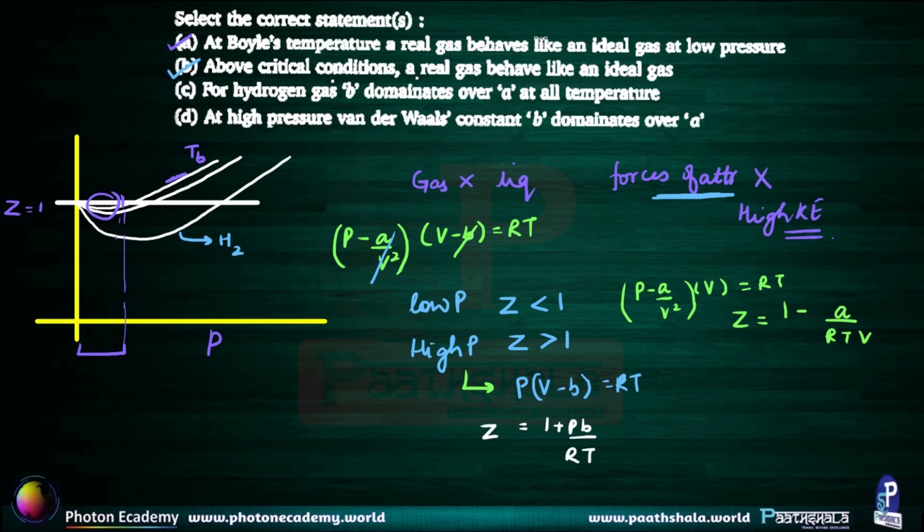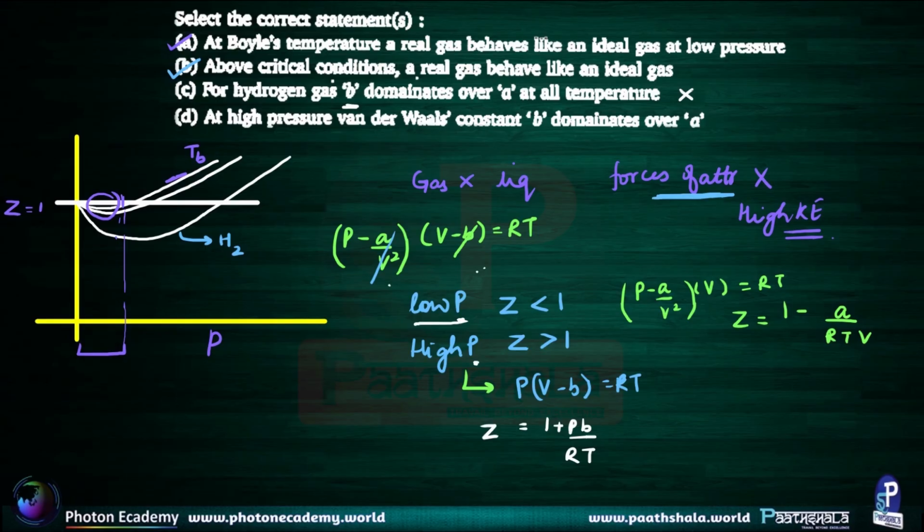So at low pressure b gets neglected, and at high pressure a gets neglected. So we cannot say that at all temperatures B would dominate over A, because at low pressure, B is being neglected. It is not dominant. Therefore, statement C is incorrect.